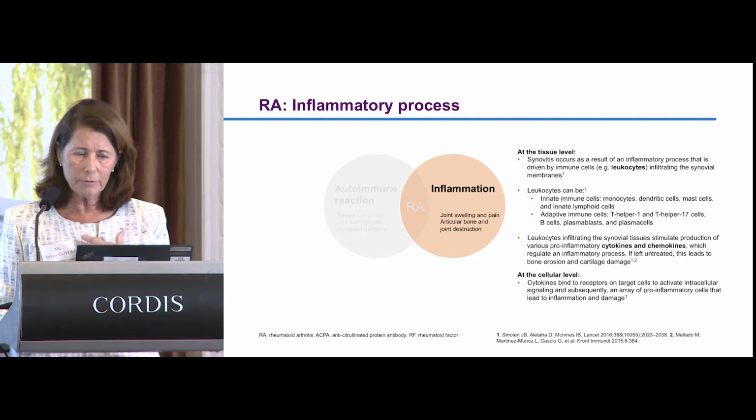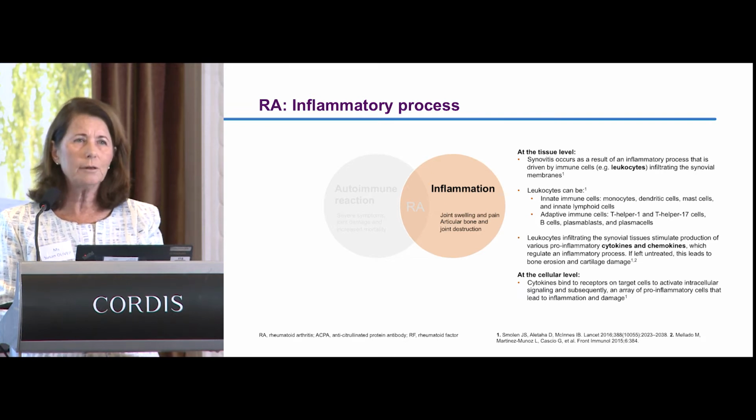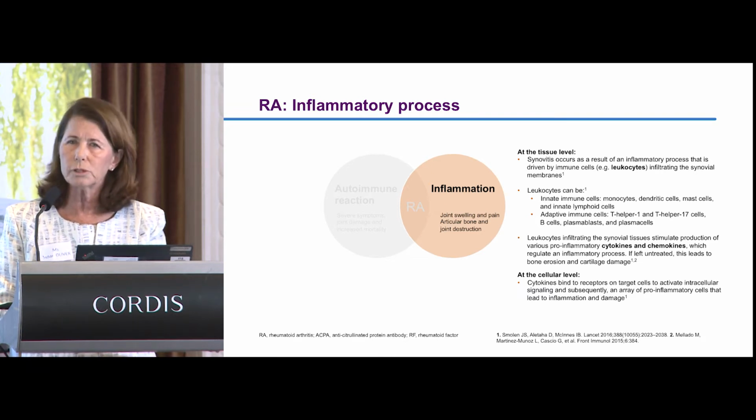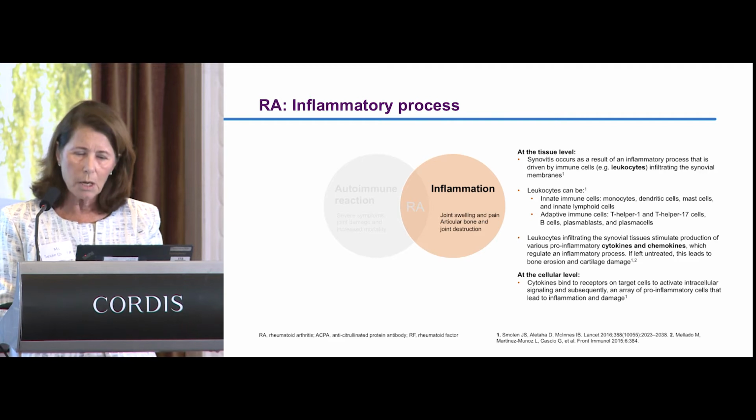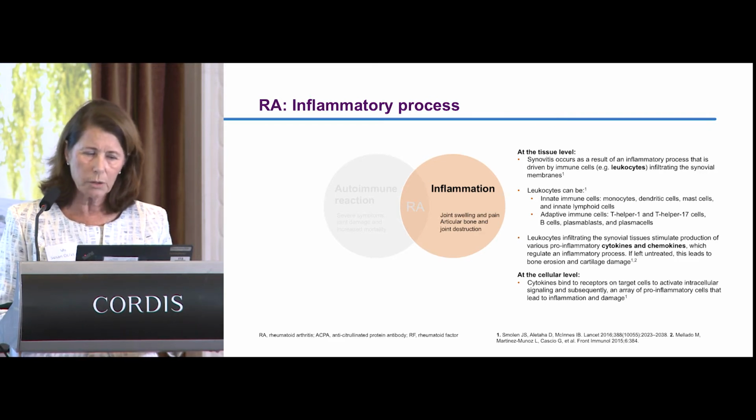So if we look at inflammation at the tissue level, we see synovitis, which is very common in the first presentation in ultrasound. Many of you who have looked at ultrasound can see how hot the joint is with all that inflammation going on.